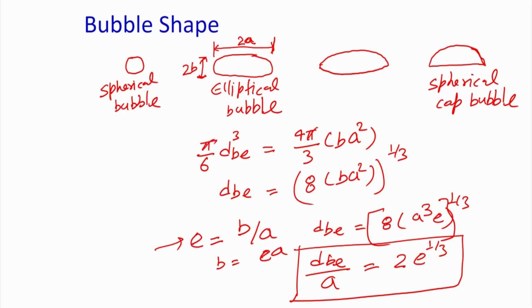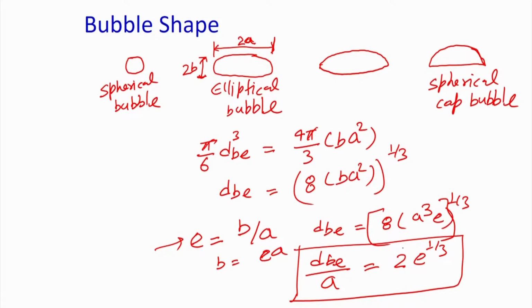Now, if I know this dBE upon A, if I know this e value, so people have calculated this e value and given different correlations in terms of e for different flow rates, different gravity to surface tension ratios.